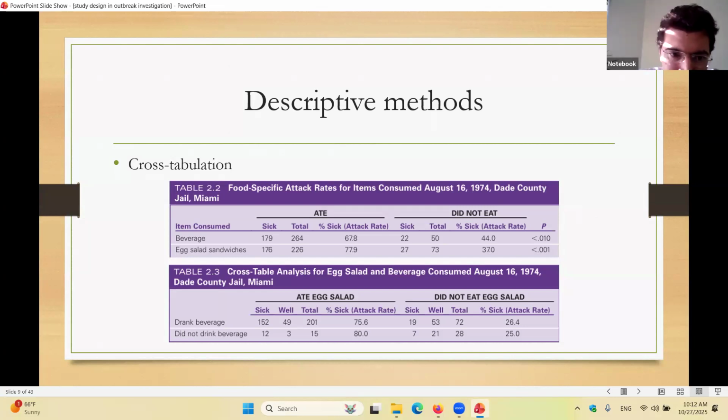Of course, this example is from another source.